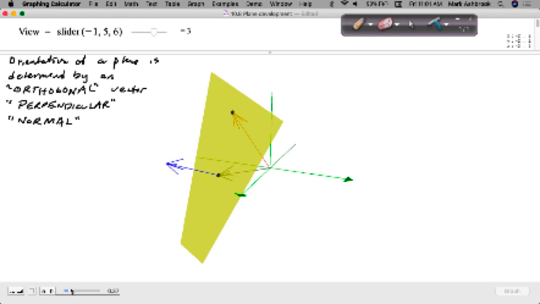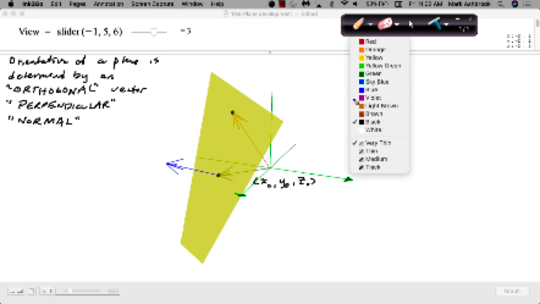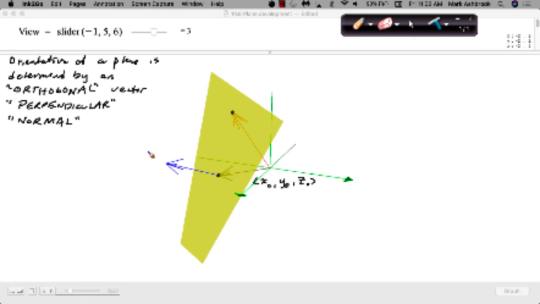Okay, so this is my known point. Okay, my normal vector. Because it's giving orientation, like the parallel vector gave me orientation of the line, I'm going to use the same thing. But now you've got to be really careful, right?